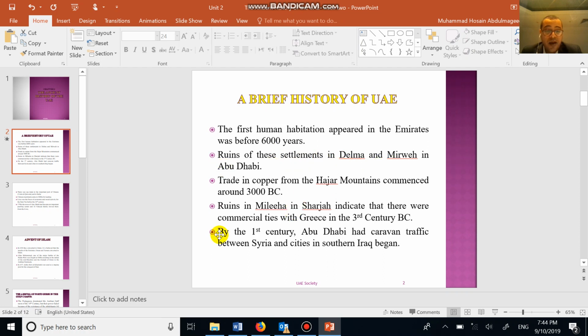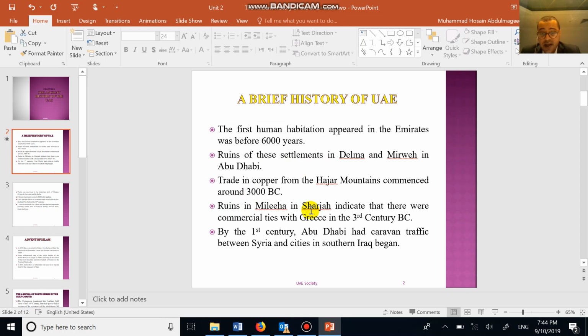The trade of copper, because UAE was so famous for copper, and it was taken from the Hajar Mountains. The trade was there around 3000 BC. Now there were ruins in Maliha in Sharjah. So we found ruins in Delma and Marwah in Abu Dhabi, and ruins in Maliha in Sharjah.